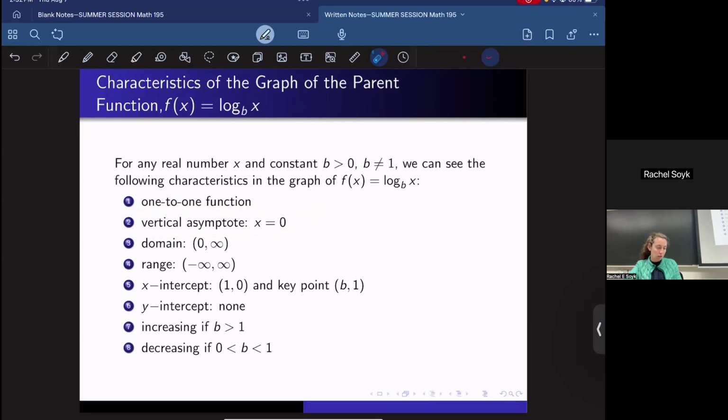Your x-intercept we have as (1, 0), but that does change if you're dealing with transformations. Y-intercept, in this case, there's none because we have that vertical asymptote at x equals 0. But again, that would change if a transformation takes place. And then these last two are just where the function is increasing and decreasing.